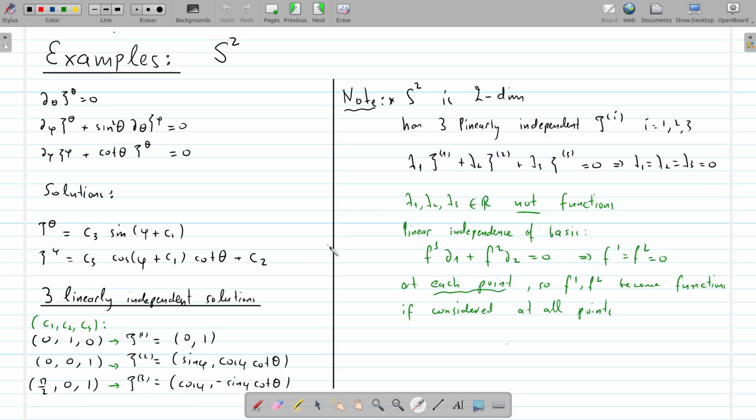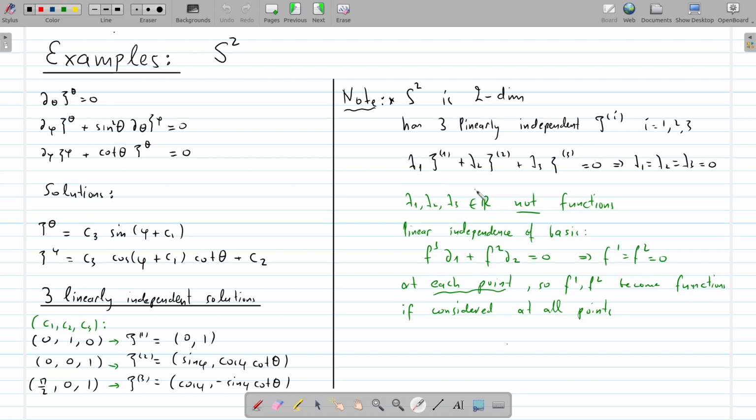Now don't be confused. The sphere might be two-dimensional, therefore the tangent space at each point has a basis with two linearly independent vectors, but this is different than what we say here to be linearly independent.